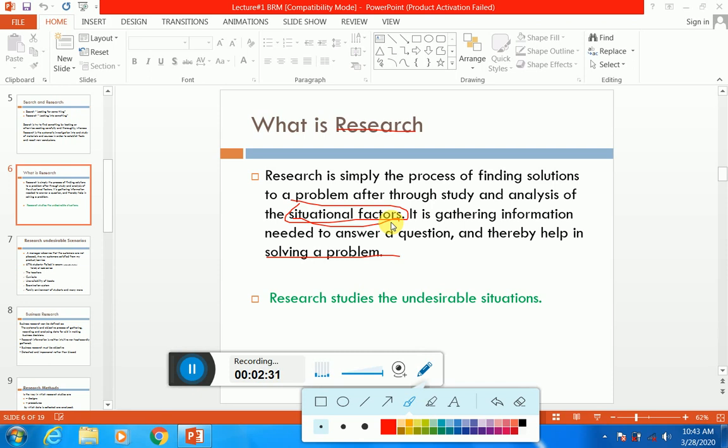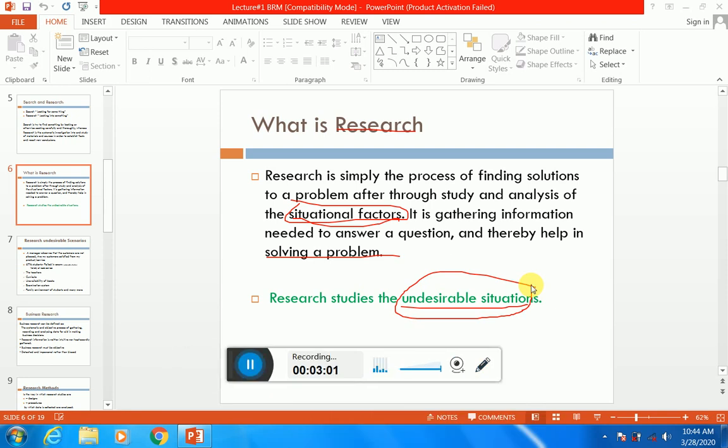Now, research is basically to solve undesirable situations. Undesirable situations simply means situations which are not in favor, or unfavorable conditions. So research is the process that basically highlights the undesirable, unfavorable situations.